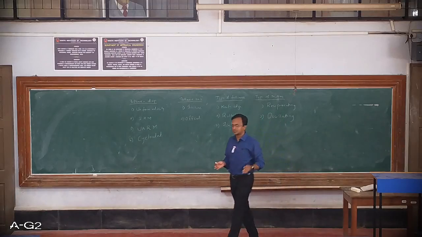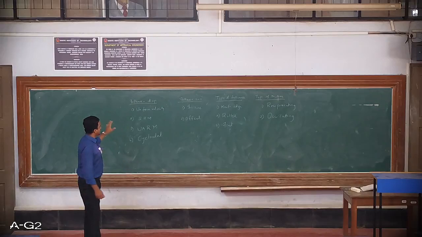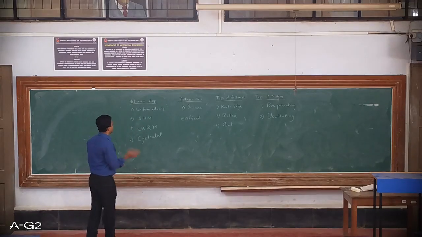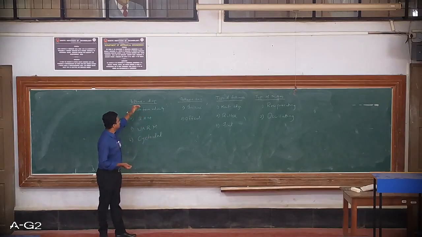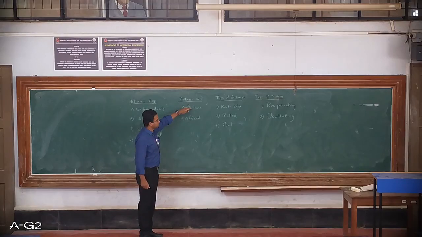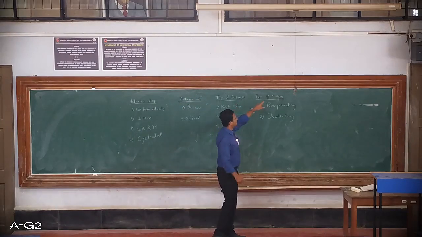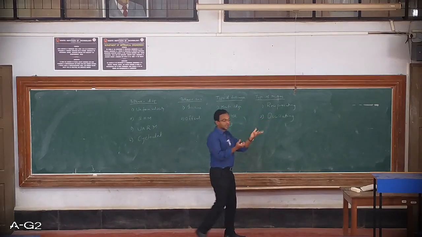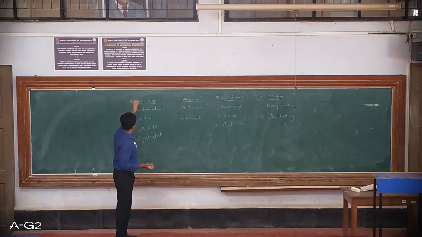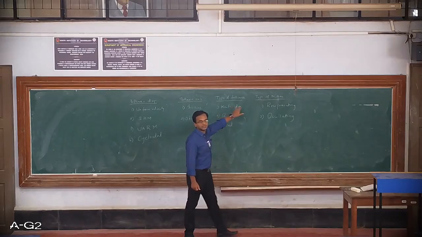Now the problem statement can have the combination of any of these particular options. That means I can give you a problem wherein the follower is moving with uniform velocity, it is having inline stroke, and the type of follower is, say, I'll give roller, and I'll say it is reciprocating. Or I can slightly modify the problem by changing the type of displacement to UARM, making it as offset, giving a knife edge follower, and reciprocating.